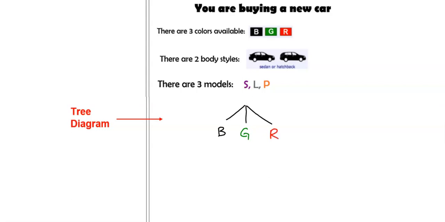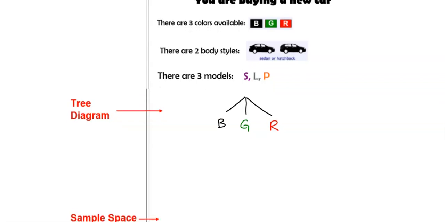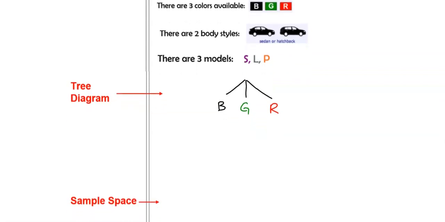Okay. And then for each of those, we can choose between sedan or hatchback. So we could choose a black one and we could have sedan or hatchback. Or we could choose a green car and it could be either a sedan or a hatchback. And then for R, same thing, sedan or hatchback. So I'm just going to remind us of what this is here. This is our color. This is our style.